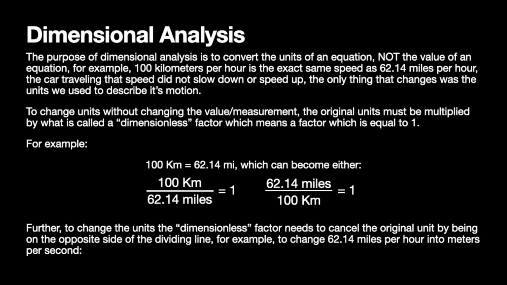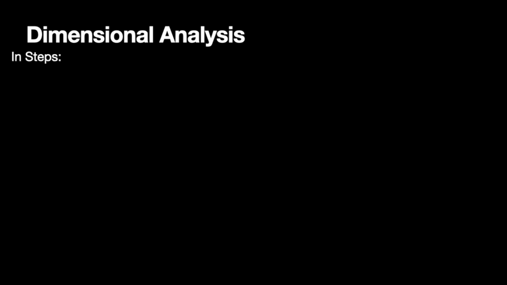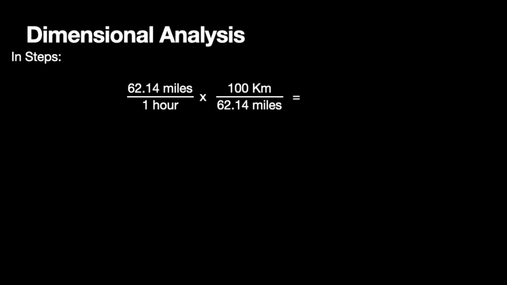For example, to change 62.14 miles per hour into meters per second in steps: 62.14 miles over 1 hour times 100 kilometers over 62.14 miles. The 62.14 miles cancel out and we would get 100 kilometers over 1 hour.